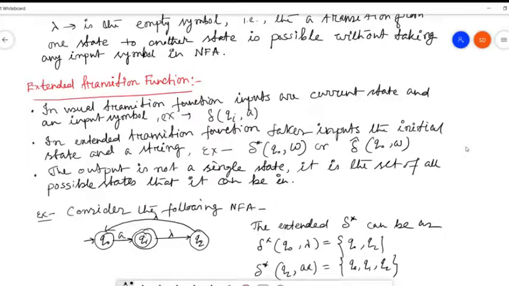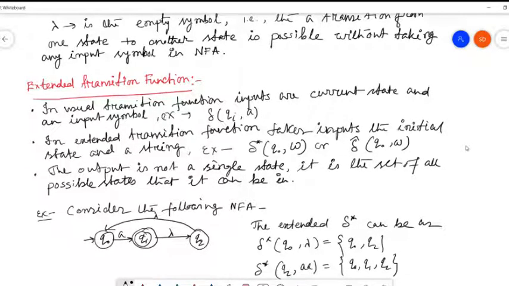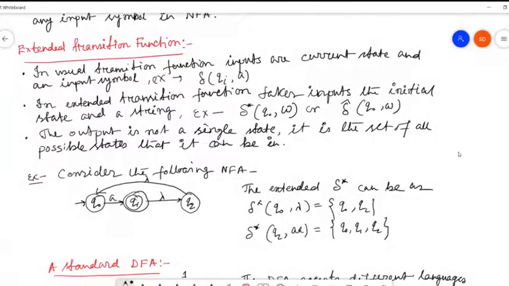In an extended transition function, which is represented by delta star or delta cap, we always start with the initial state, and W is the string to be accepted by the acceptor. Now this transition function will generate all the possible states that the acceptor can produce for accepting or rejecting string W. That's why I call it extended, because it will generate all the states in the process at the same time.